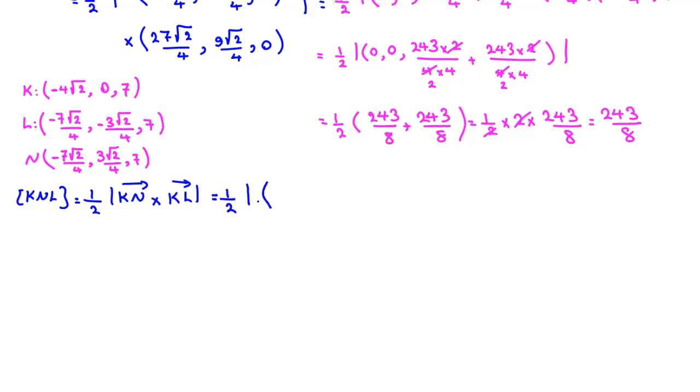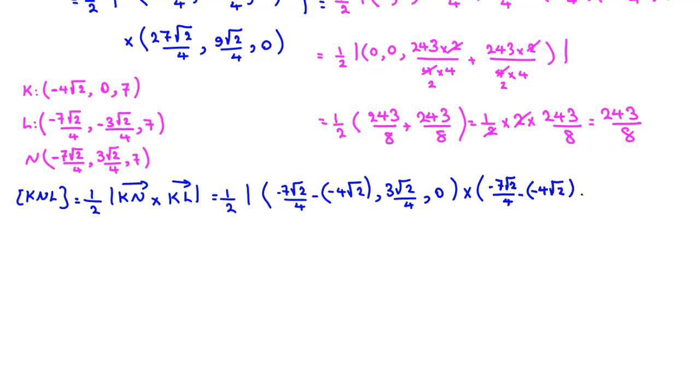It will be 1/2 times KN, it will be N minus K. And it will be negative 7 root 2 over 4 minus 4 root 2, and the next one, 3 root 2 over 4 minus 0, 3 root 2 over 4, 7 minus 7, 0. Cross product KL. KL, this minus this, negative 7 root 2 over 4 minus 4 root 2, negative 3 root 2 over 4. The last coordinate, z coordinate, is 7 minus 7, 0.